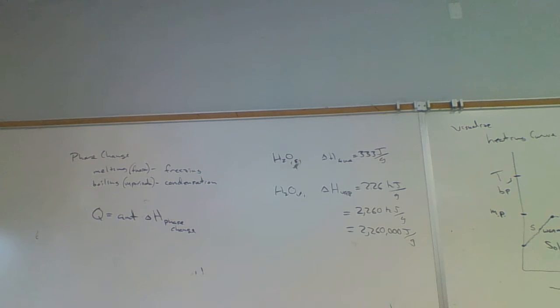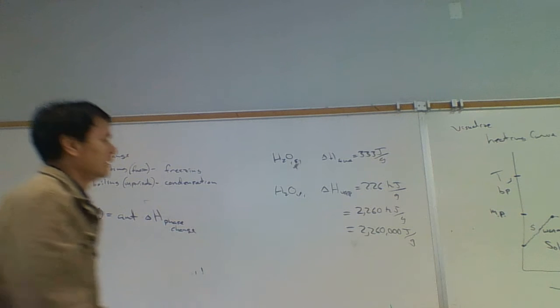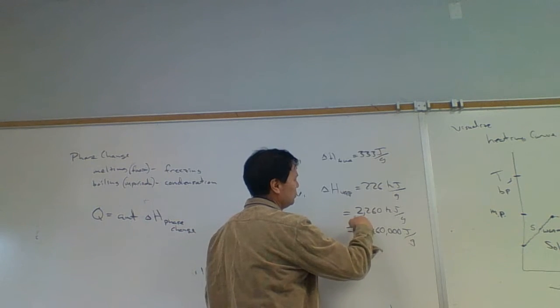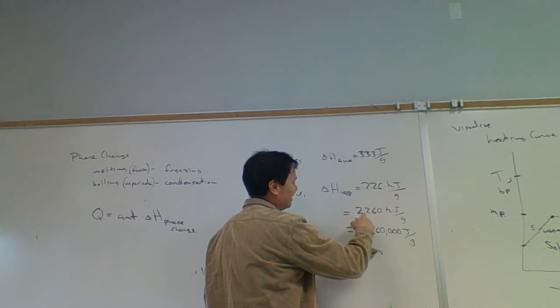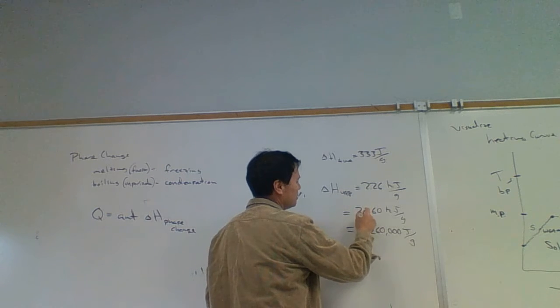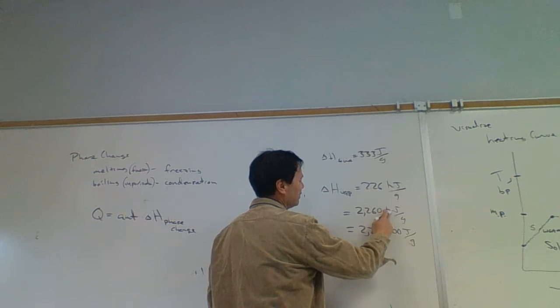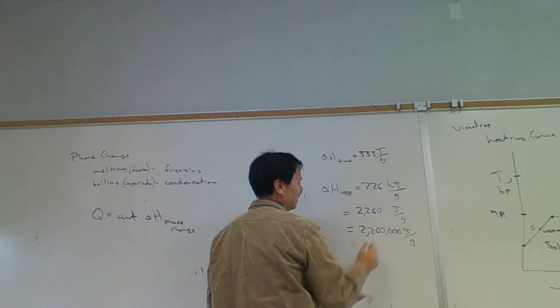Wouldn't it just be 2260? How did you go from 2.26 kilojoules to 2260 kilojoules? Oh, because I made a mistake. Sorry. 2.26. You're right. This would be 2,260 joules. What am I doing? I did one extra step.